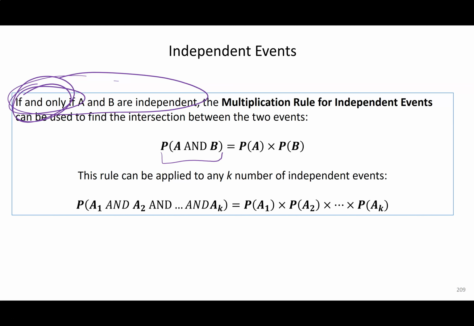You should check to see if they're independent first. We almost always will throw something like this at y'all at one point. If A and B are 2 independent events, it's the product of 2 probabilities. If I had 3 of them, it would be 3 probabilities. Or if I had K of them, it would be K products.